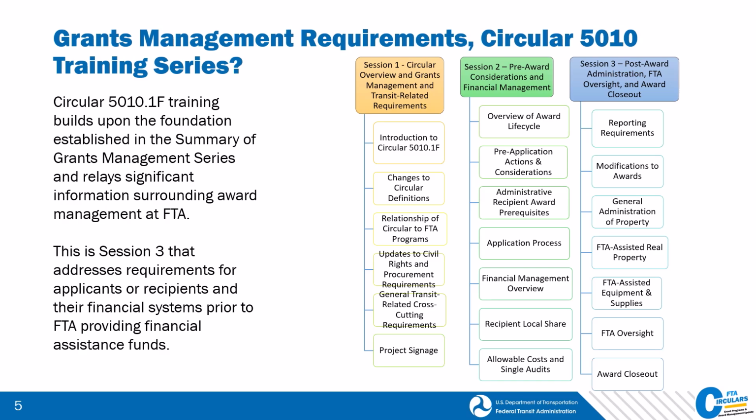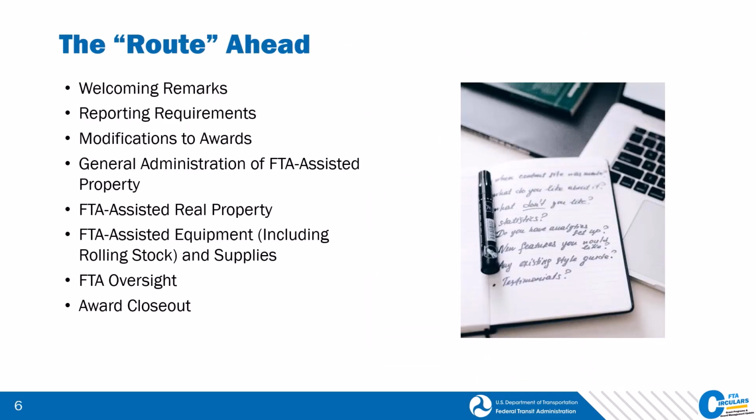The illustration on the right outlines topics for the sessions in this series. The route ahead is our agenda. For session 3, we will look primarily at post-award actions, including required reports, changes to the award, property, including real and personal property requirements, oversight, and closeout.